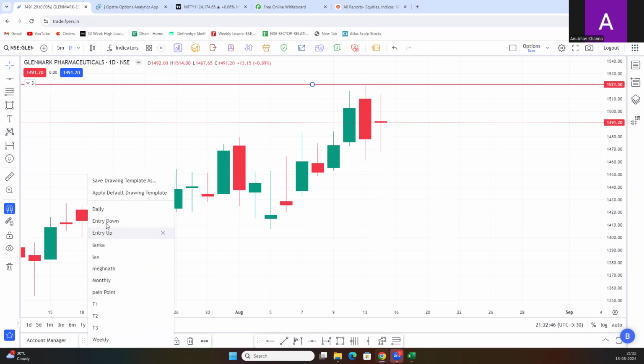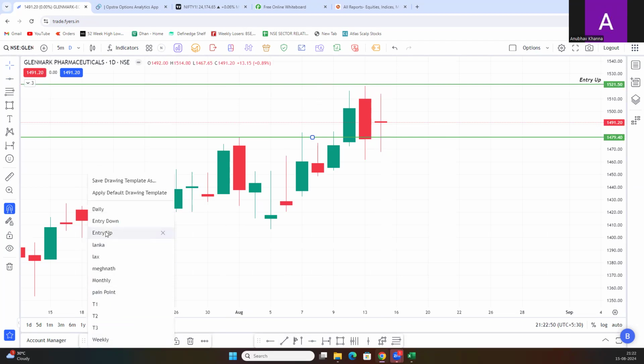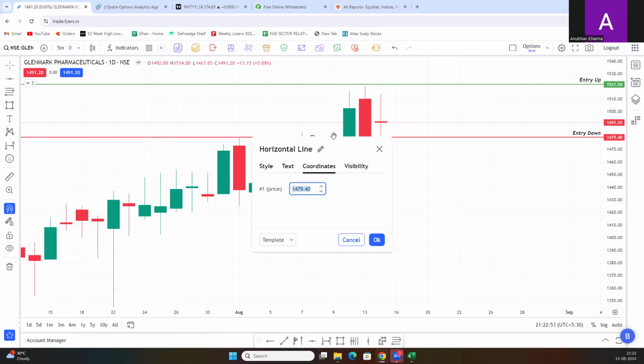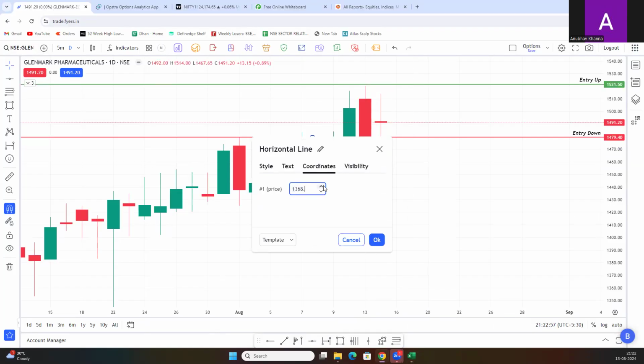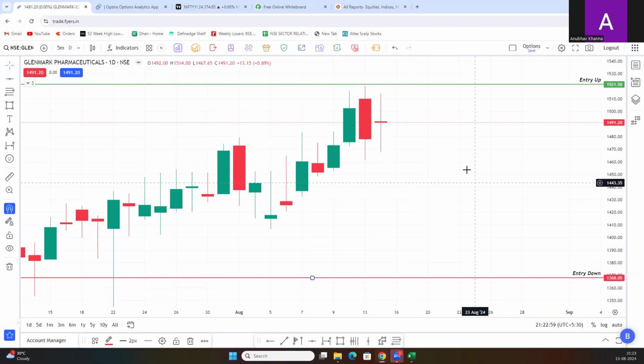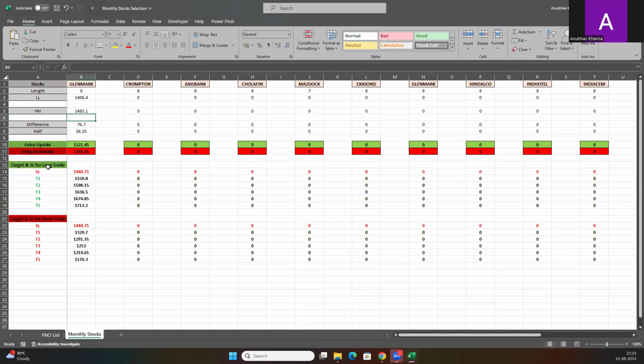This is going to be my left side, and my entry downside is going to be this, 1368.2. Okay, this is my entry downside.